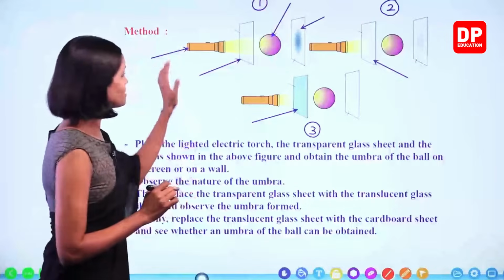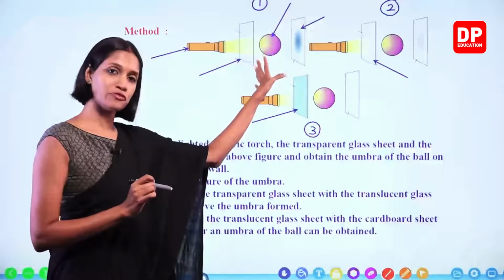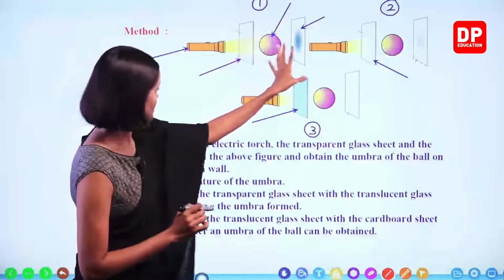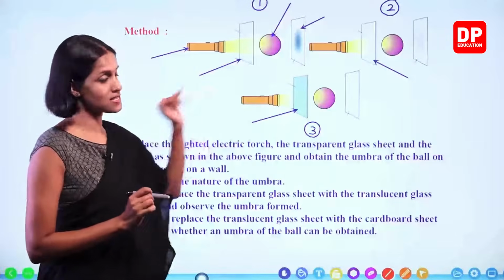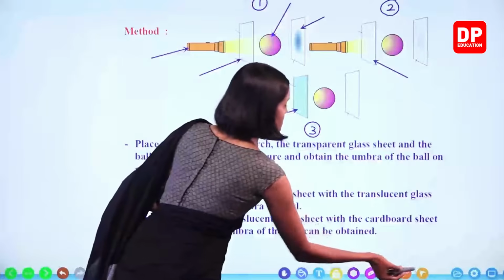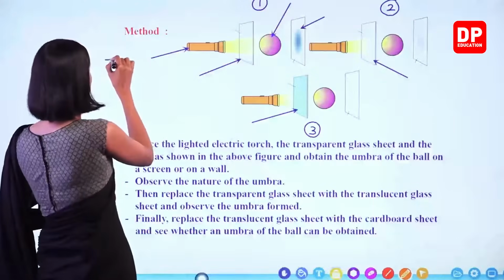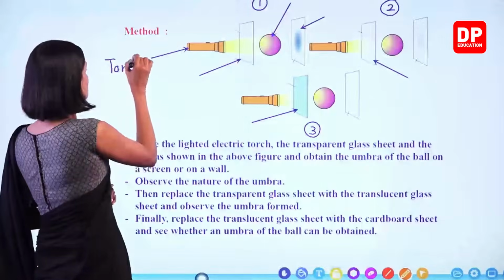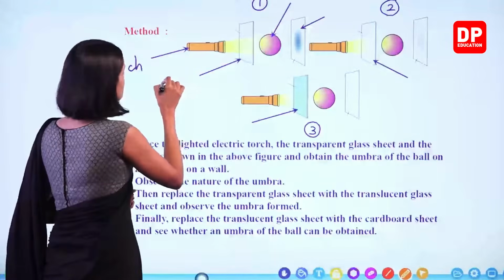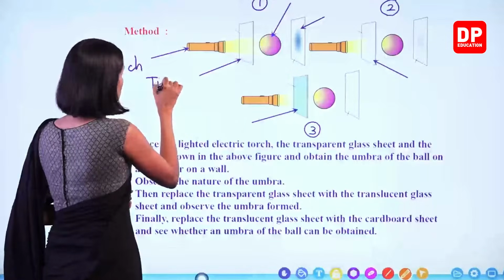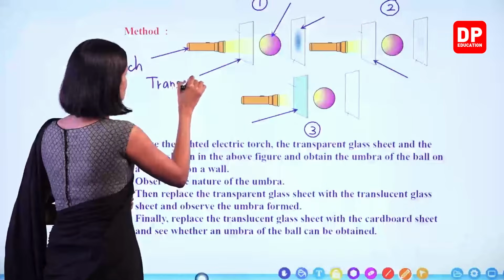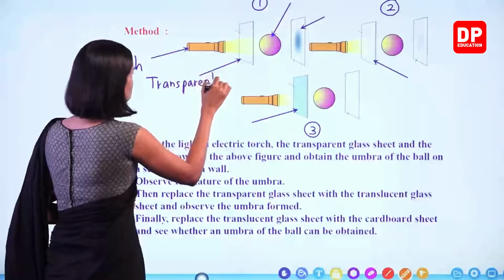So we will label the torch, ball and the screen only in the first picture, okay? Because all the other two instances are the same. That's why. This is the torch. Transparent glass sheet.